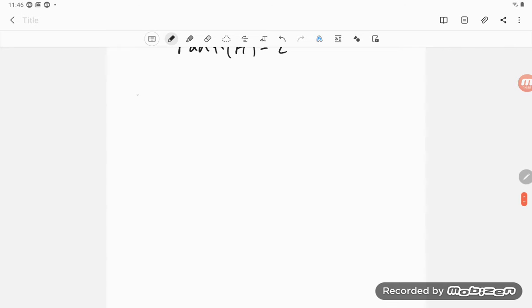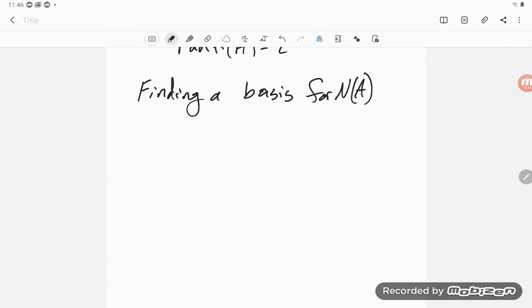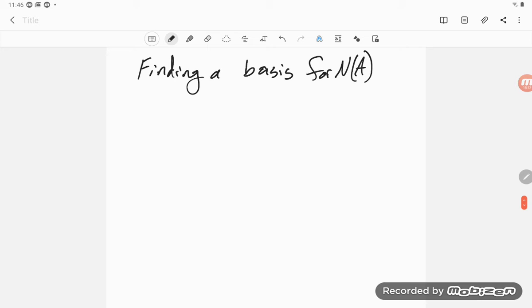And then, okay, how about finding a basis for the null space of A. Okay.